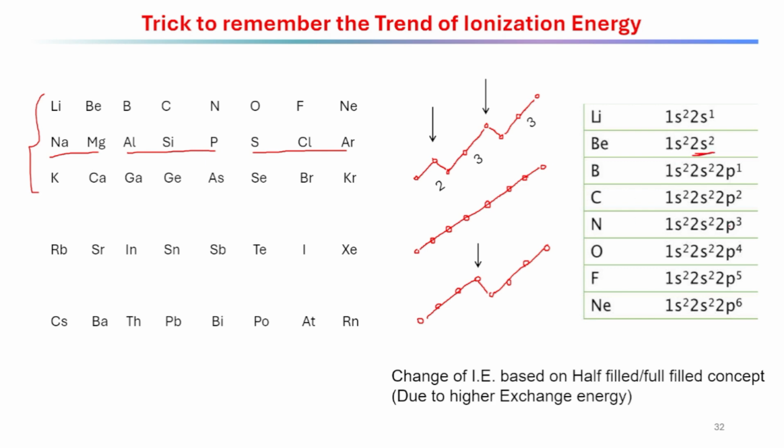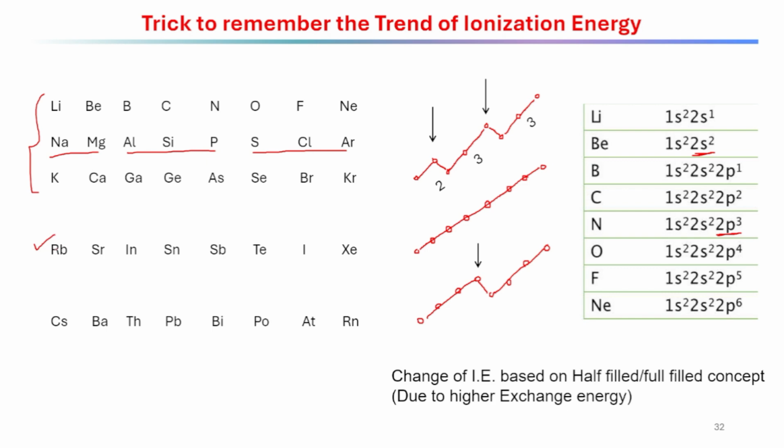In case of nitrogen, it is 2p3, that is half-filled. These configurations have higher exchange energy, and that's why they have higher ionization energy compared to their nearby right-side atom. But as I said, this concept of exchange energy and half-filled concept works well in the lower atomic number elements, but does not work in these higher atomic number elements.